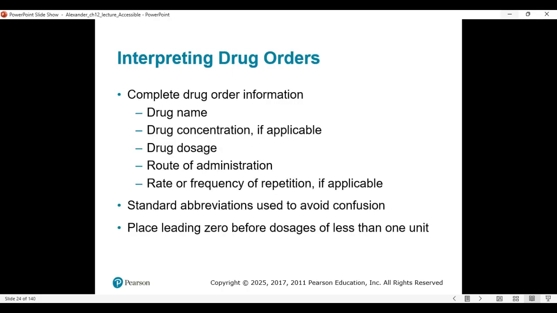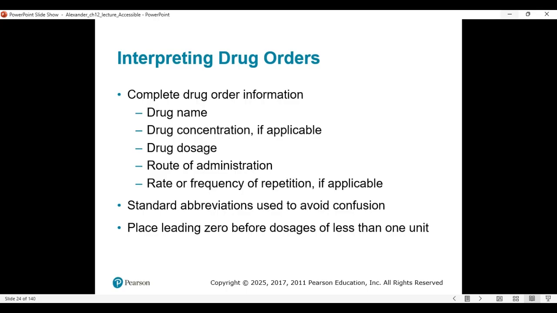Interpreting drug orders, we're going to complete drug order information. We're going to do the drug name, the concentration if available. We'll get the drug dosage, the route, and the rate or frequency of repetition, if we're going to repeat. So when we get a drug order, especially like a written order, it'll have a drug name. For example, it'll say morphine sulfate or morphine. It may not say the concentration, because concentrations differ from hospital to hospital, ambulance to ambulance.